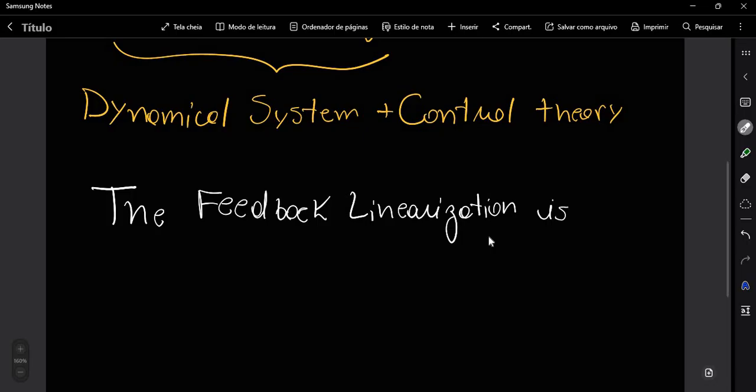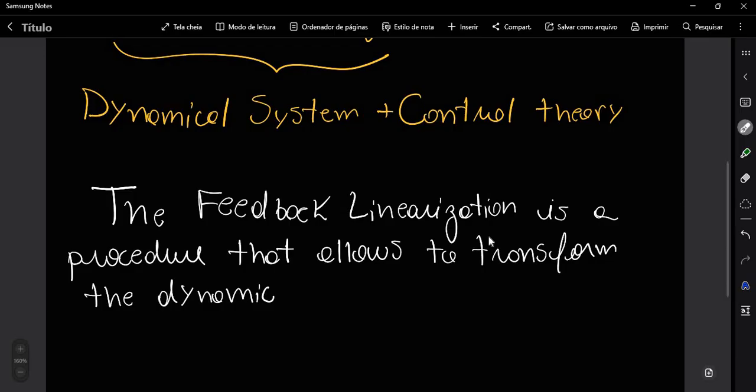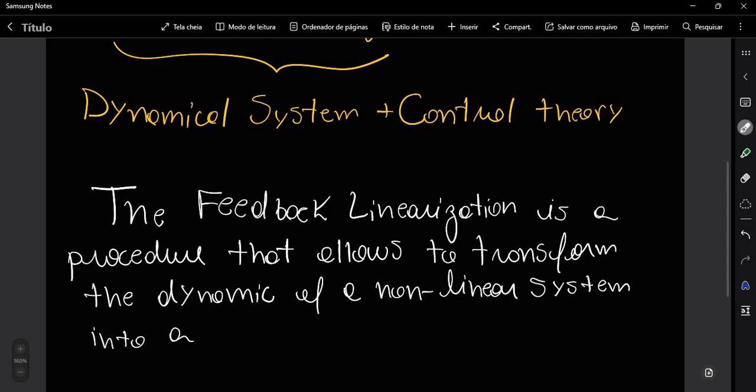Now I'm writing what is in the book: it is a procedure that allows to transform the dynamic of a non-linear system into a linear one.